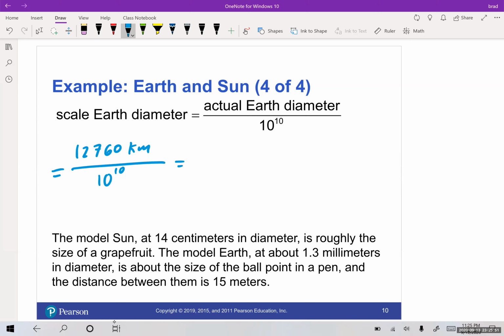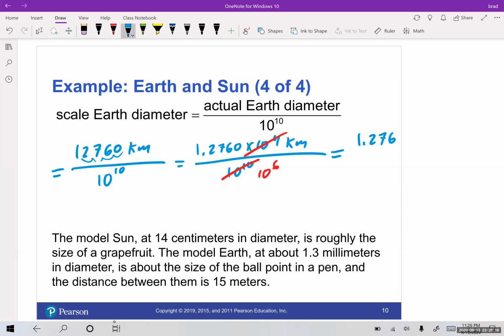So this is actually 1.2760 times 10 to the 4th km over 10 to the 10th. Notice how I just converted it to scientific notation so I could do it quicker. Now that's gone, and we're left with 10 to the 6th in the denominator. This becomes 1.2760 times 10 to the negative 6 kilometers.